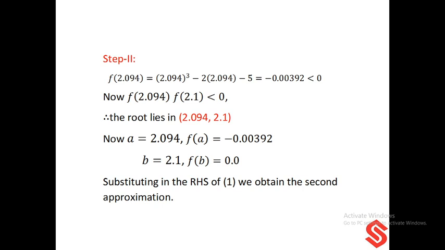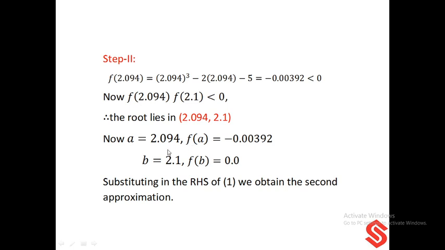So we know f of 2.1 is positive, and now we got f of 2.094 is negative. So that is f of 2.094 into f of 2.1 is negative. Therefore we can say the root lies in the interval 2.094 comma 2.1.